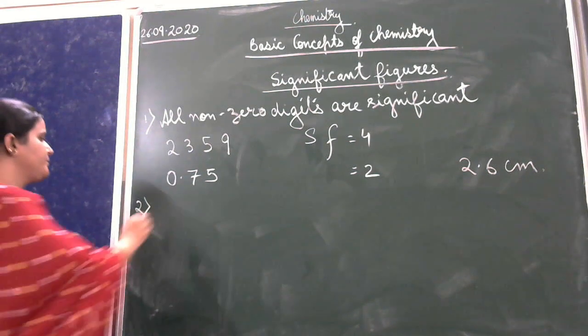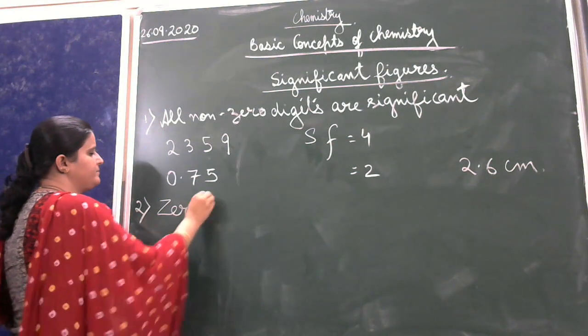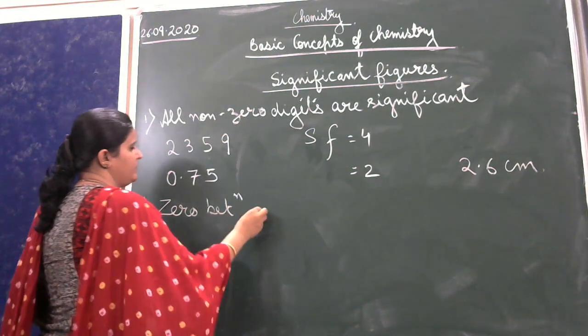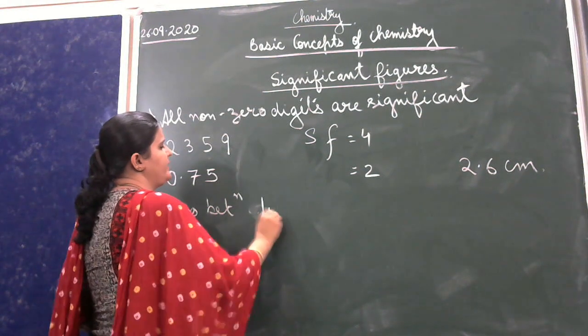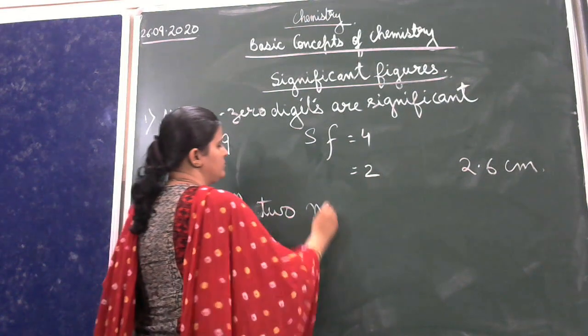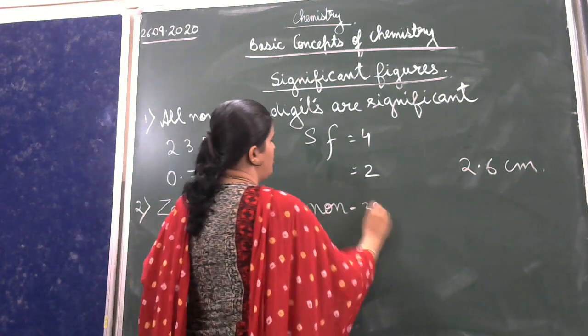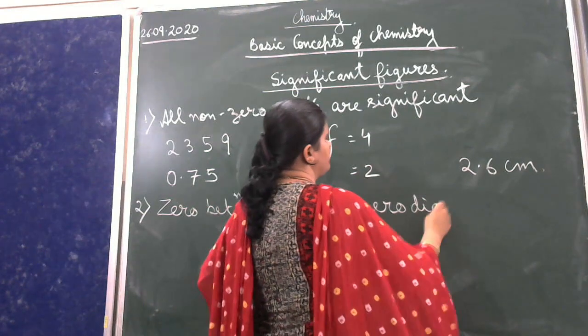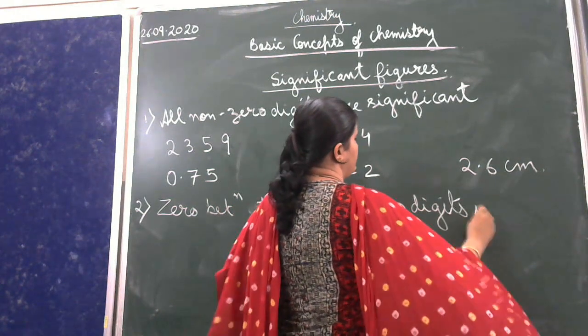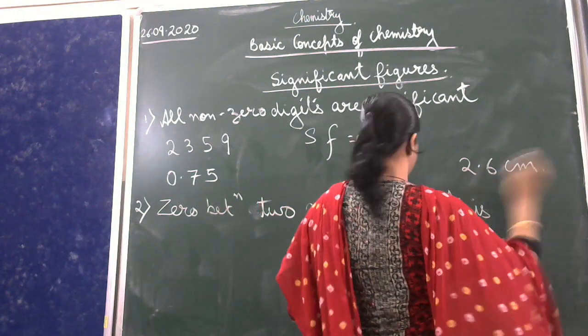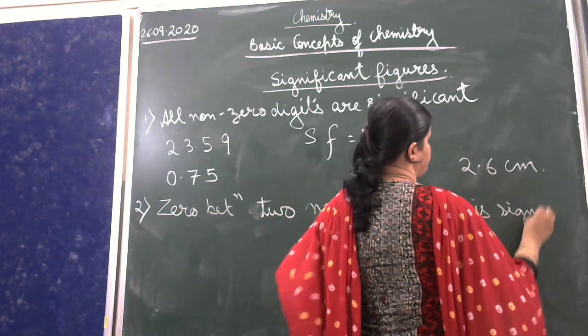What am I saying? Zero between two non-zero digits is significant.